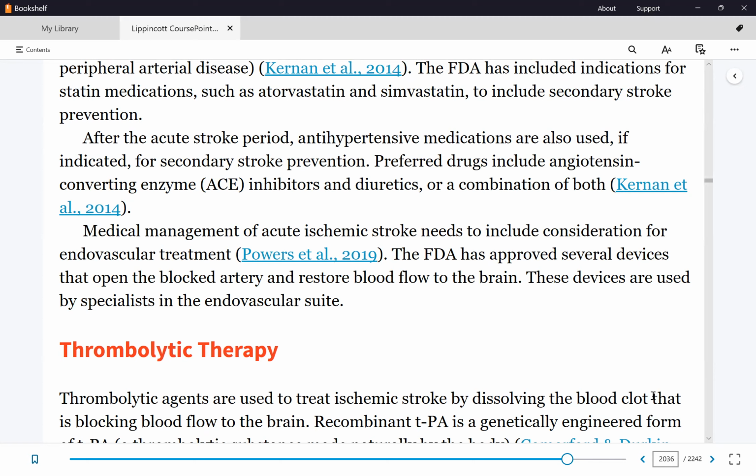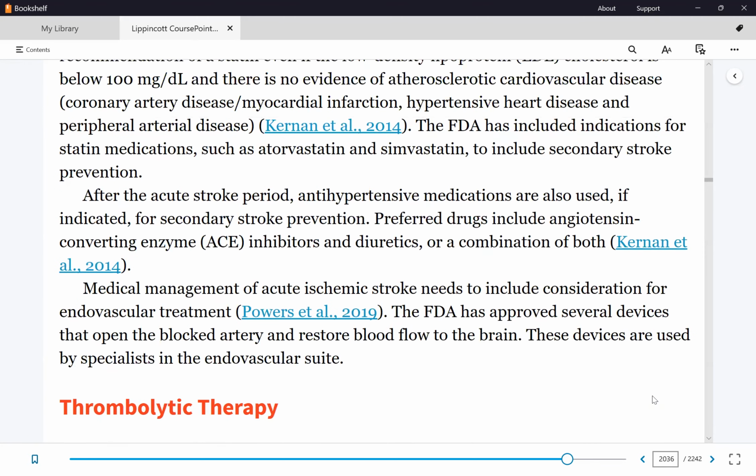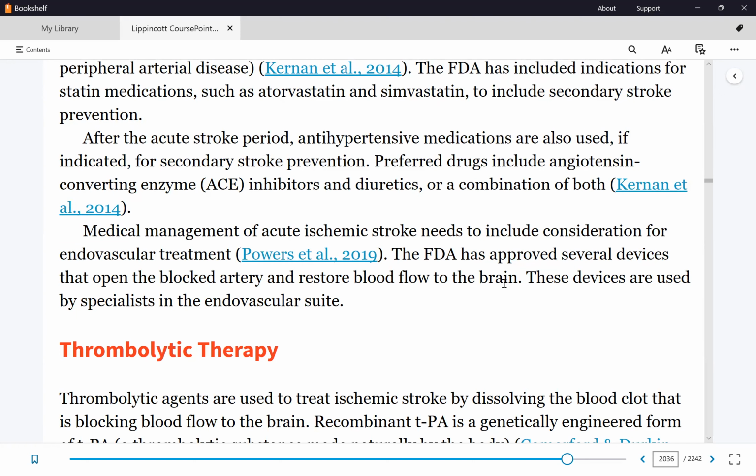The thing with calcium channel blockers is, like amlodipine is very effective. However, they also have the side effect of peripheral edema. They cause that, so some patients hate it, so they don't take the calcium channel blockers.